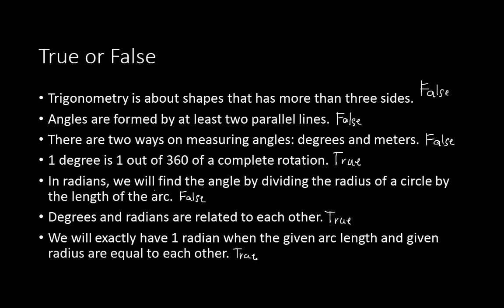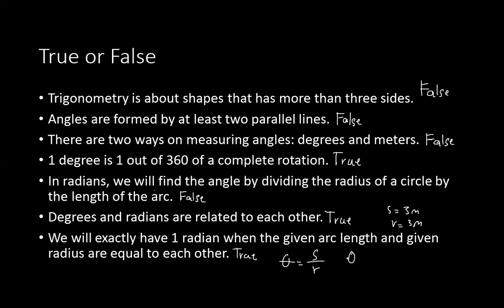Why though? Recall earlier that to find the radian, we divide the arc length by the radius. Assuming your arc length and your radius are the same, let's say S is 3 meters and your radius is 3 meters as well.